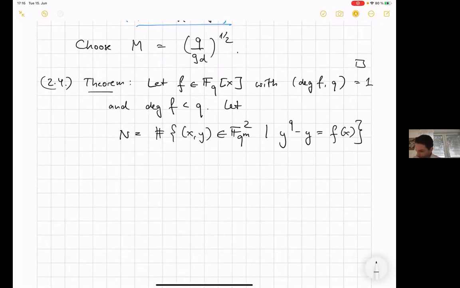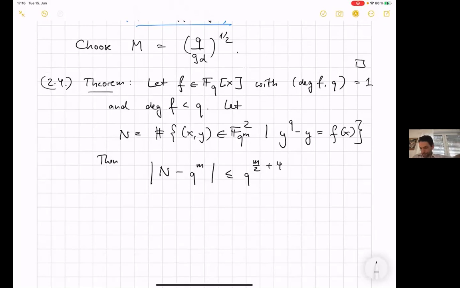Okay, and then the result is that N minus q to the m, since you would expect q to the m solutions, is bounded by q to the m over 2 plus 4. So this is only interesting in large degree extension fields, where the 4 is somehow negligible compared to m.